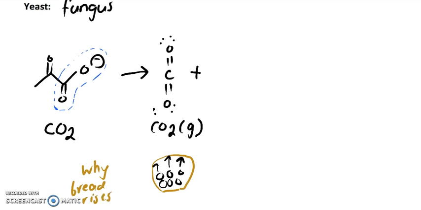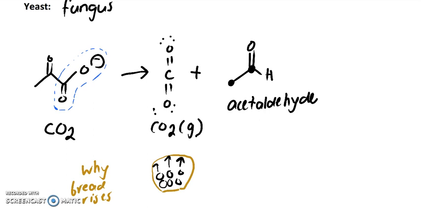And the second product that we have from this is this structure right here, and there is a hydrogen there. This is a 2-carbon structure. We can call this acetaldehyde, or you can call it ethanol.